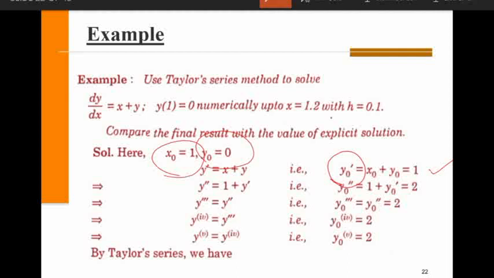You just substitute the values of x naught and y naught here, you will get the value of y naught dash. Similarly, when you substitute the values of y naught dash and x naught as well as y naught, you will get the value of y naught double dash. So by substituting all these values one by one, you will get the values of the derivatives, right?